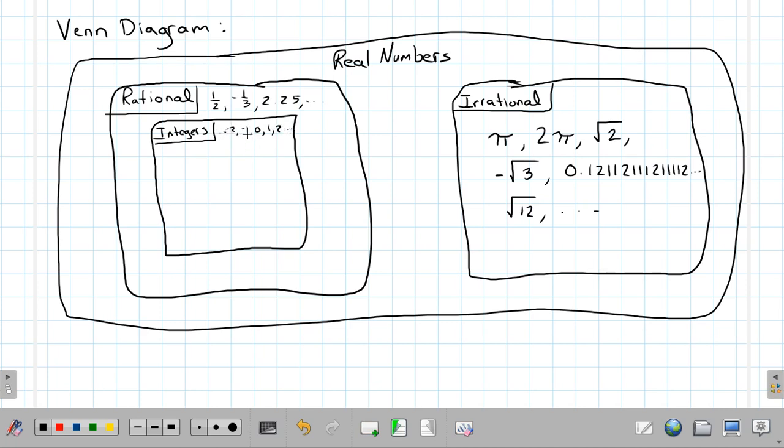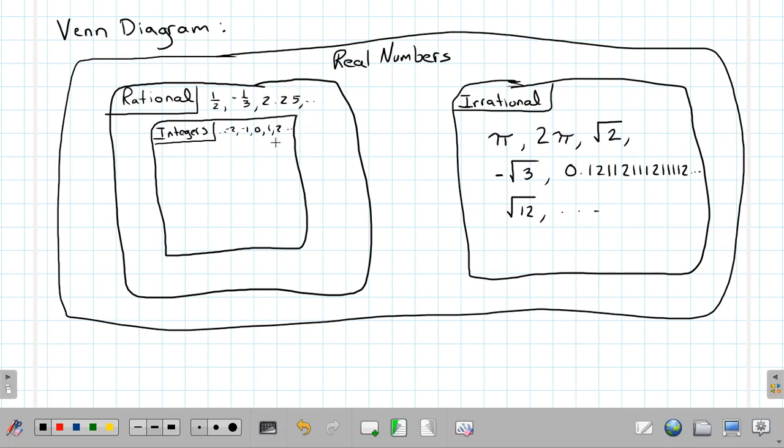So if anything's an integer, it's also a rational number and it's also a real number, okay? Since all of the integers are inside the rational numbers. So you can kind of work backwards. If it's an integer, then it's a rational number. If it's a rational number, it's a real number, okay?